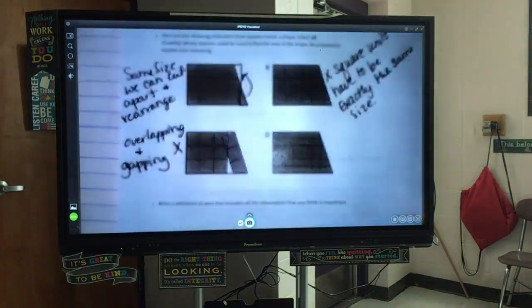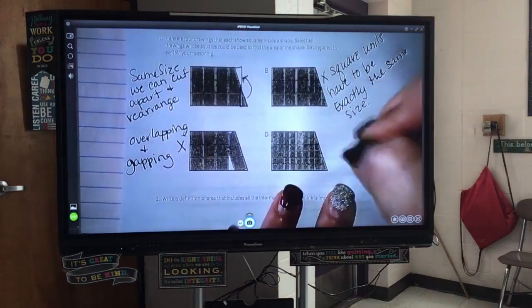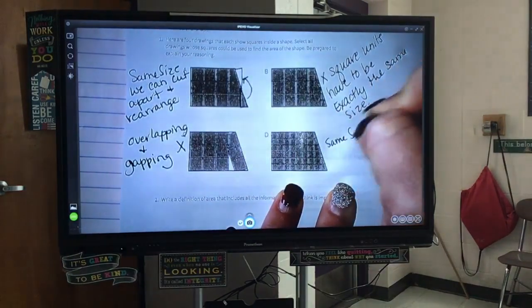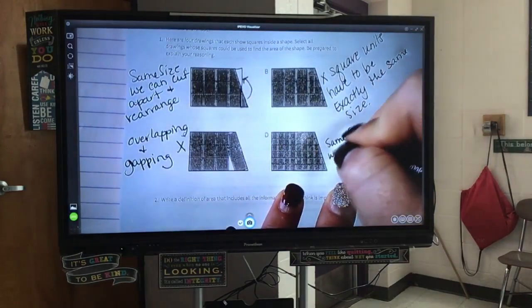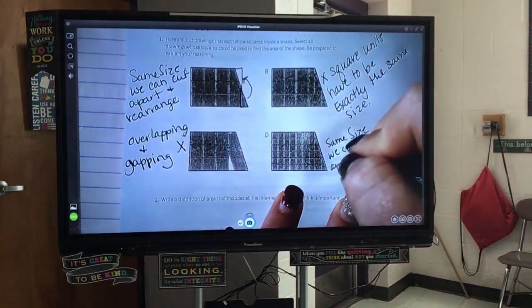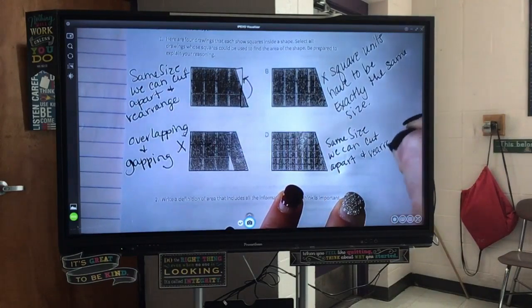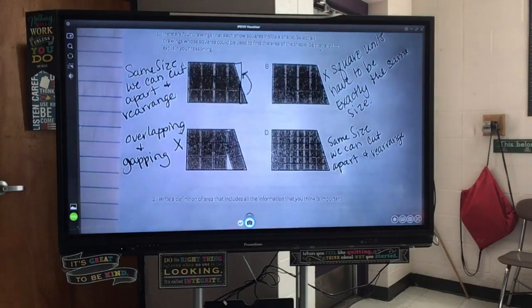All right, so isn't that exactly the same thing we could do for D? Yes. So it's the exact same reasoning. So same size. We can cut apart. And rearrange.